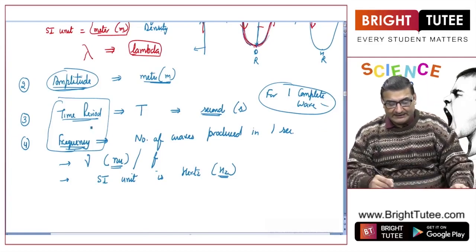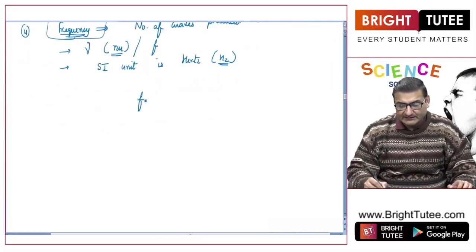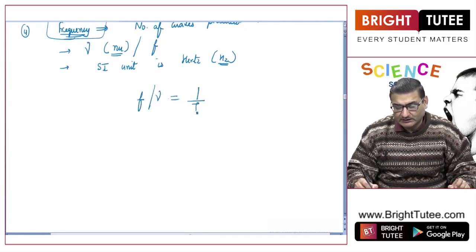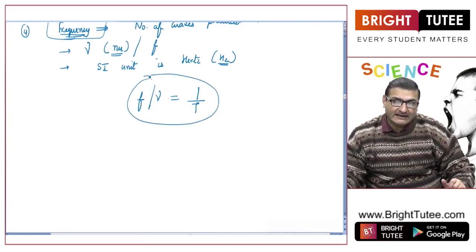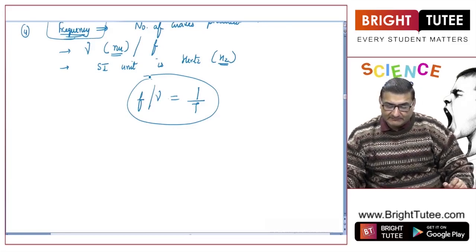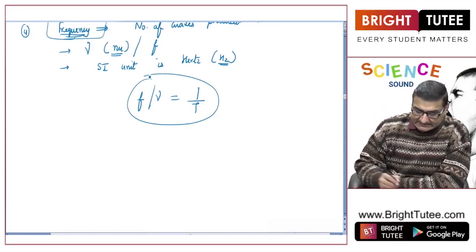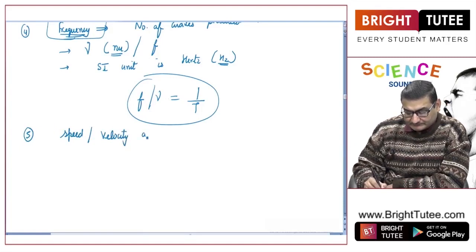So they are actually opposite to each other, and this is very important: frequency, small f or nu, is equal to the reciprocal of the time period. Nu is equal to 1 by T, or f is equal to 1 by T. It is opposite to each other. Clear? Fine. So these are the 4 characteristics. Let us see now the last one, which is the speed or the velocity of a wave.